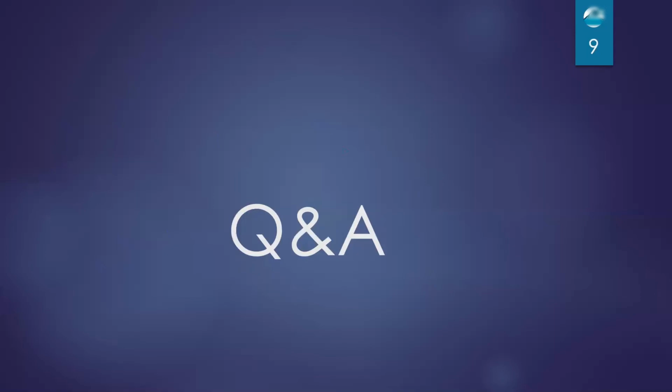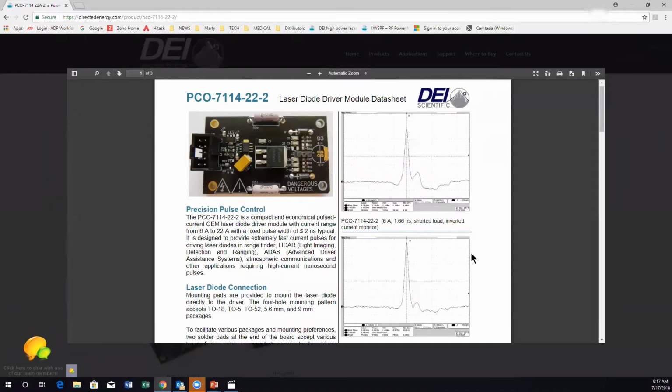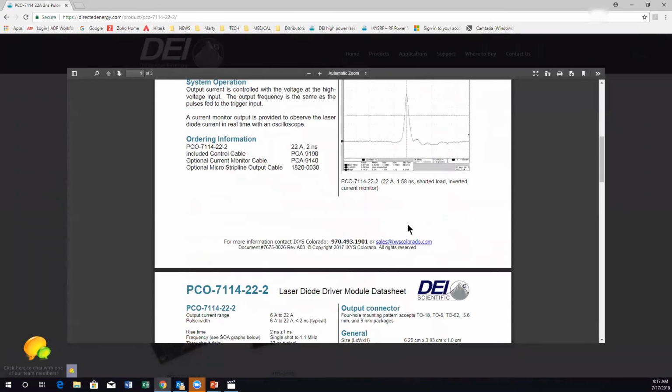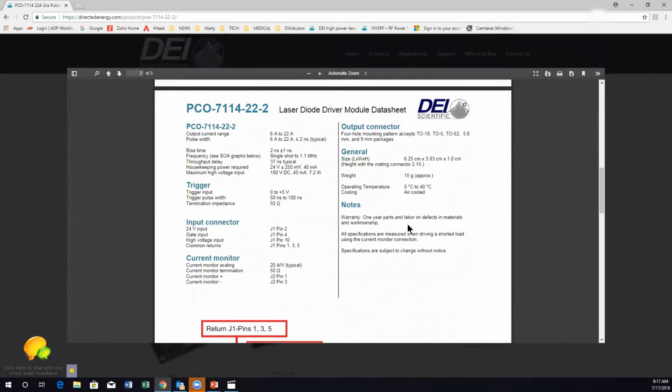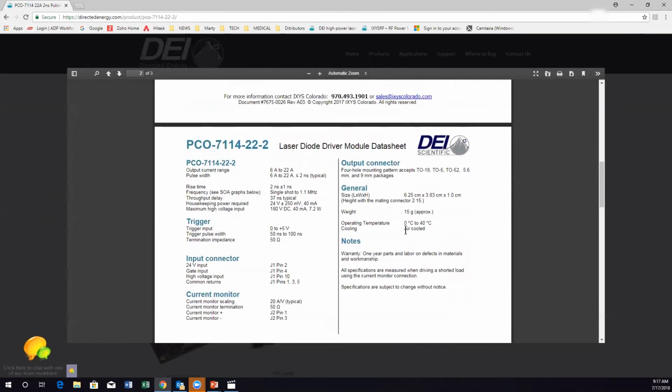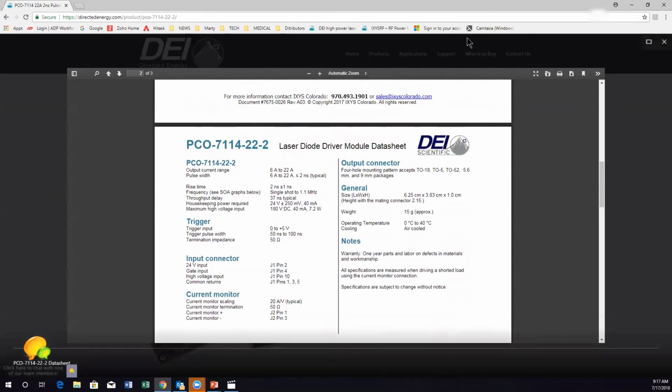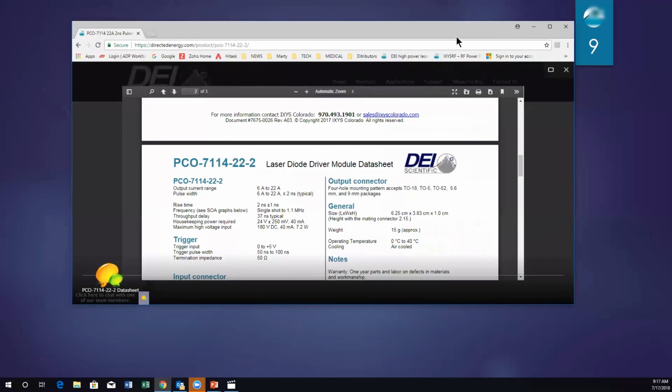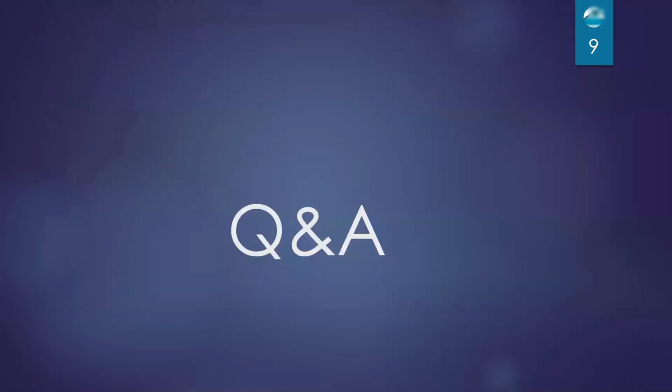We'll take additional questions while we're looking that up. Okay, can we go down to the second page, please? It looks like our output current is rated from 6 amps to 22 amps. So we can go ahead and show you what it looks like at 3.5 amps, although this unit is not rated for it. This is a perfect segue to the Lab to Launch, because if you have a customer that really requires operation at 3.5 amps, then we can customize this module to work down at those current levels.